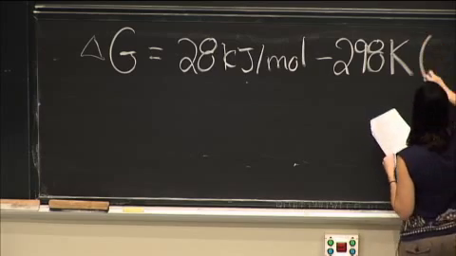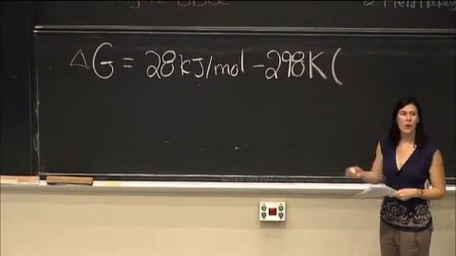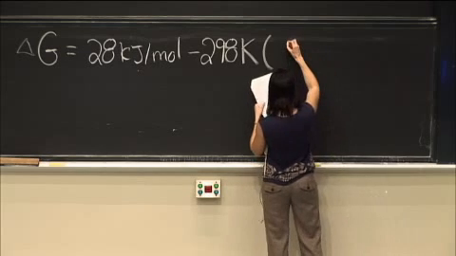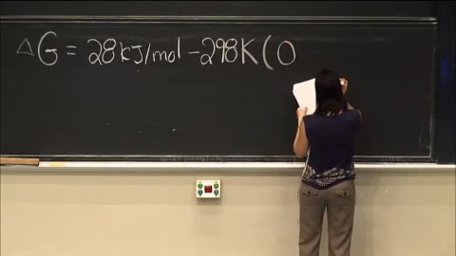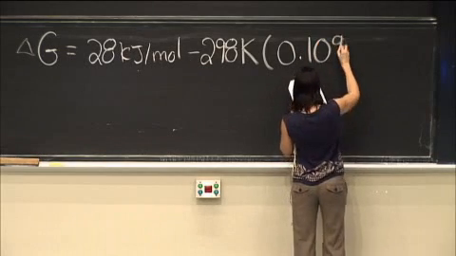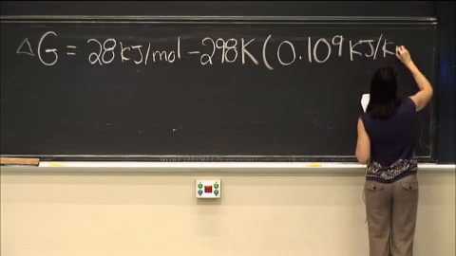And then we need to multiply it by the entropy, which is 109 joules per Kelvin mole. I want to point out that entropy tends to be a much smaller value than enthalpy, so it's reported in joules instead of kilojoules. When you solve these problems, it's really important to convert it into kilojoules so that your units work out and you don't get a completely crazy answer. So we want to convert this to 0.109 kilojoules per Kelvin mole.